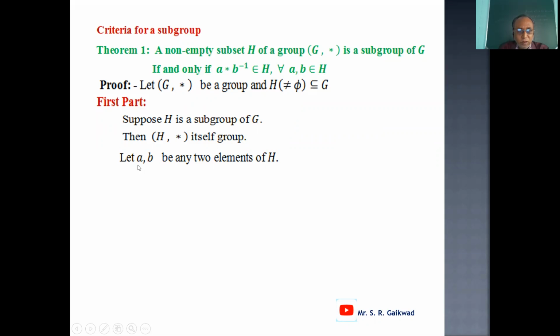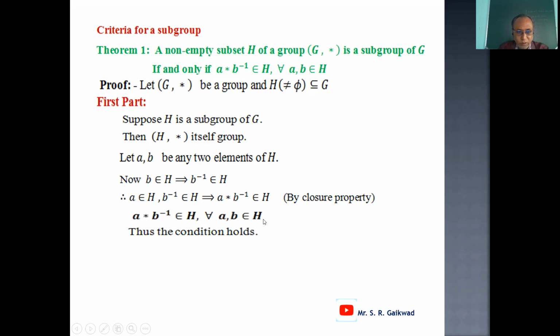We can take two elements. Let a, b be any two elements of H. Now, element b belongs to H and H is itself a group, which means the inverse exists. Therefore, b belongs to H implies b inverse belongs to H. And a belongs to H, b inverse belongs to H. By the closure property, a star b inverse belongs to H. Therefore, a star b inverse belongs to H for all a, b belonging to H. That satisfies the condition.